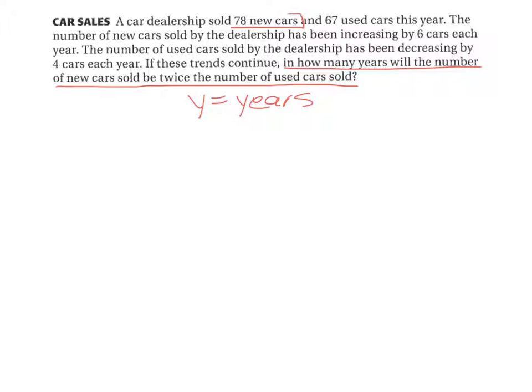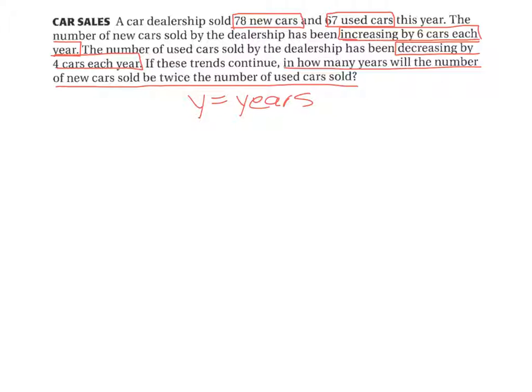I know that we sold 78 new cars this year, and we sold 67 used cars this year. The number of new cars sold has been increasing by 6 cars each year. And the number of used cars sold by the dealership has been decreasing by 4 cars each year.